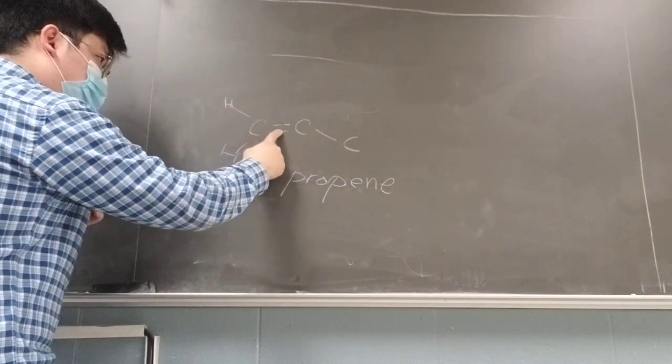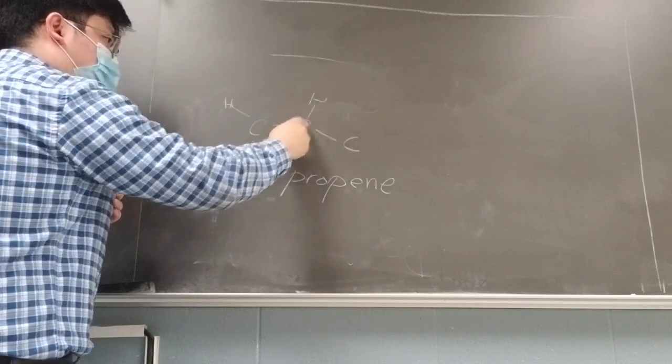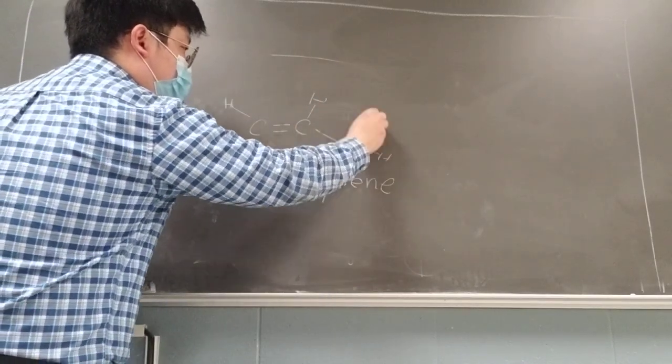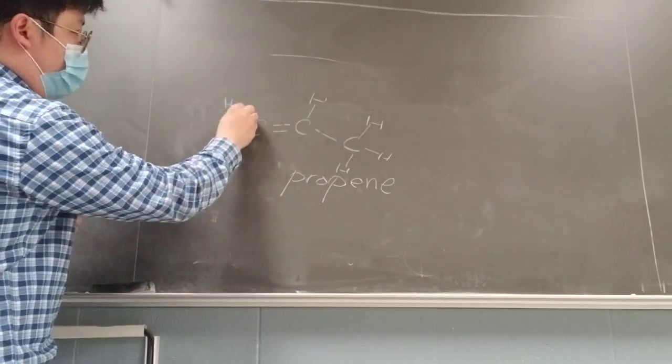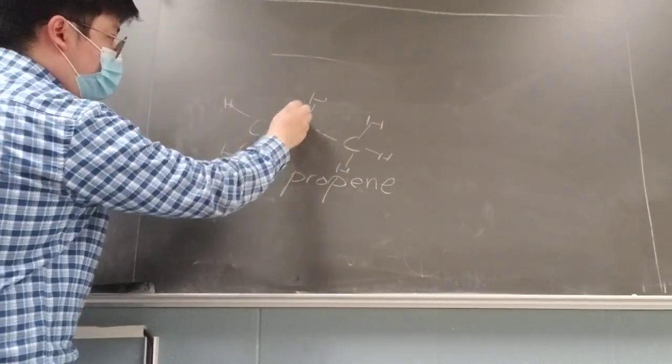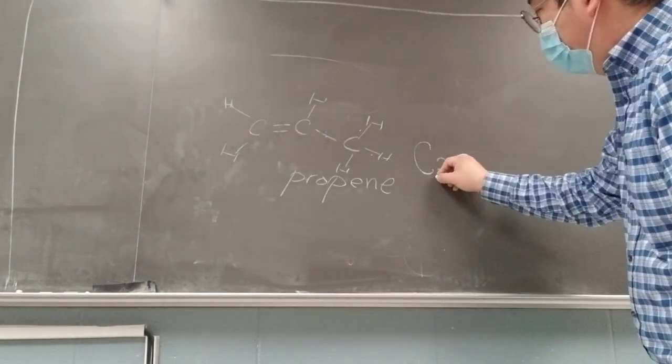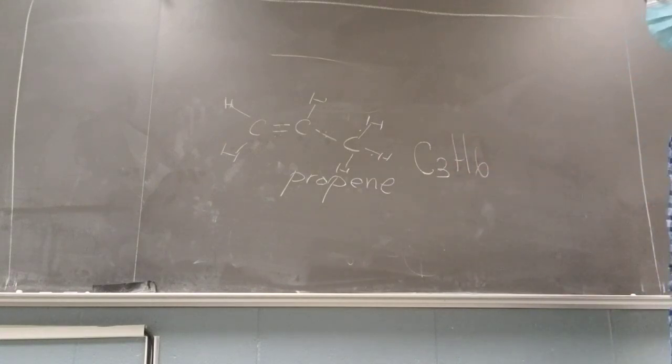This one has 1, 2, 3 bonds, so there's only 1 hydrogen here. This one is 1, 2, 3, 4. Technically it's all 4 actually. So that makes 3 carbons, but only 6 hydrogens, not 8.